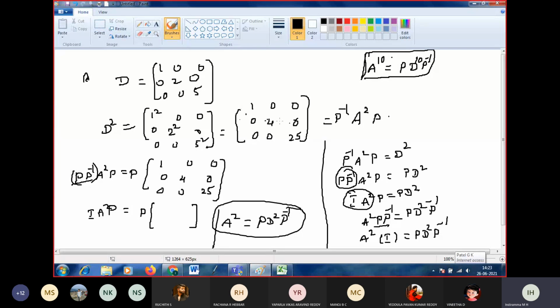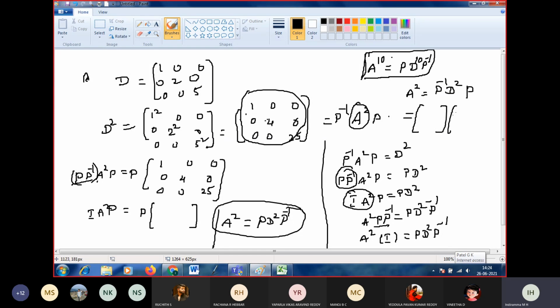Sometimes they will ask to find A square, as you can see in previous year question papers. After diagonalization, you have to use the formula that A square is equal to P D square P inverse. P inverse we already calculated.